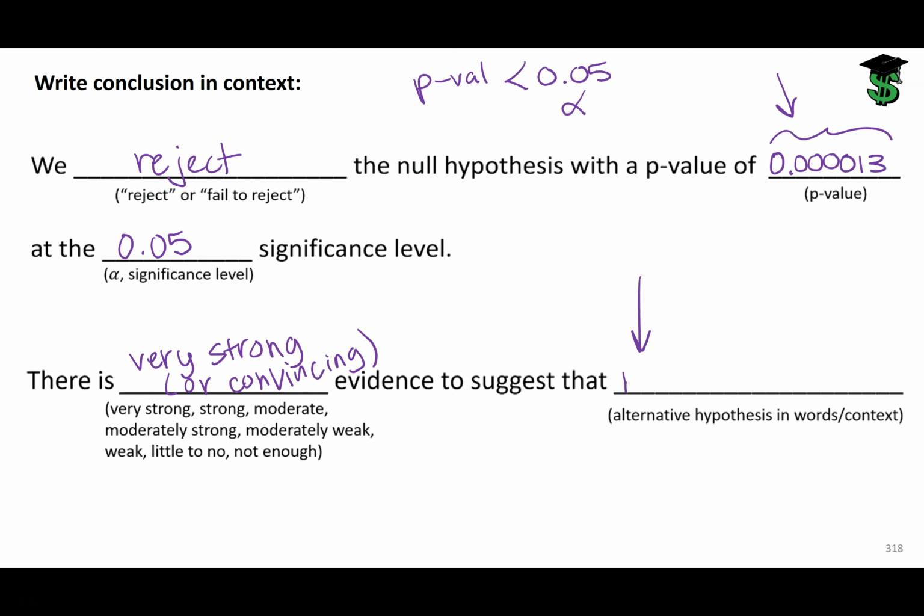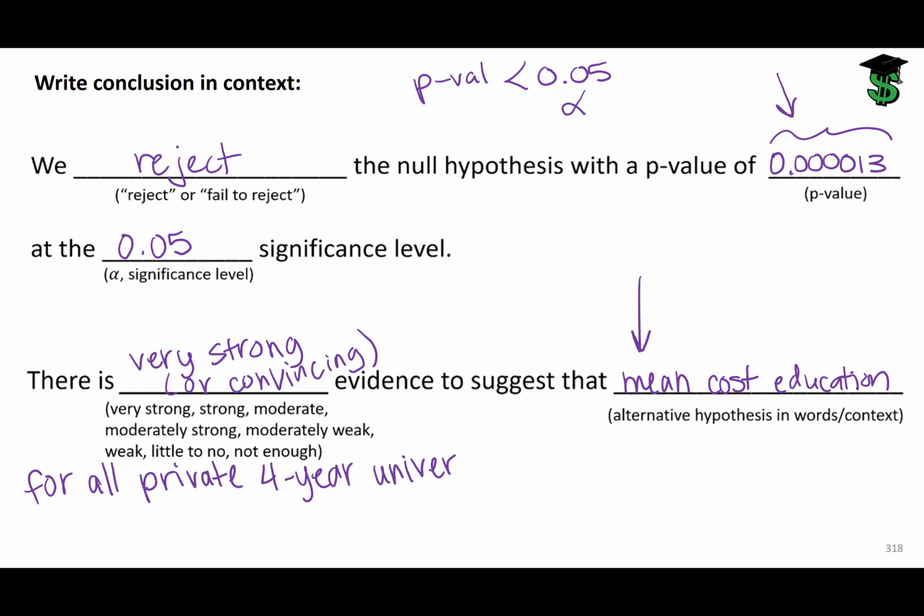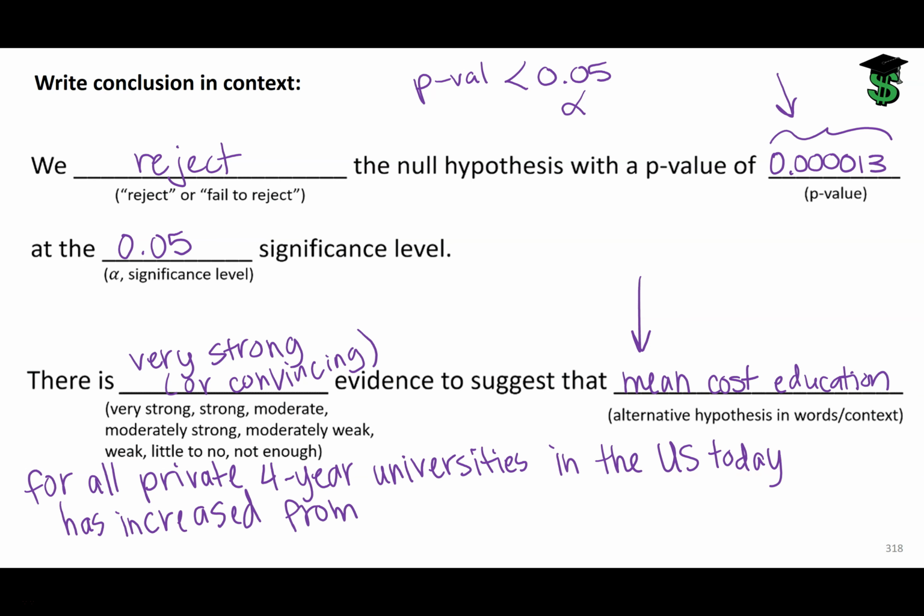So that the mean cost of education for all private four-year universities in the U.S. today has increased from, and you should put the null amount in here, from $22,218.